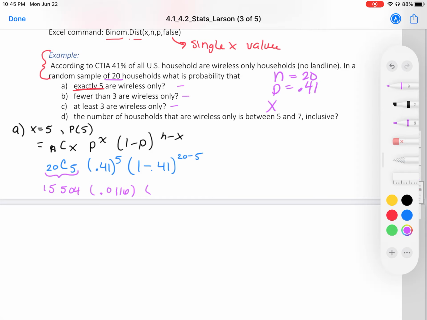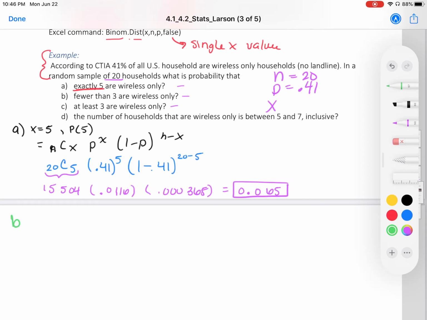It's 0.000365. You multiply them, and your probability is 0.65. So the probability of having exactly 5 out of 20 who have a landline is 0.65. So not very likely. All right, that was A.